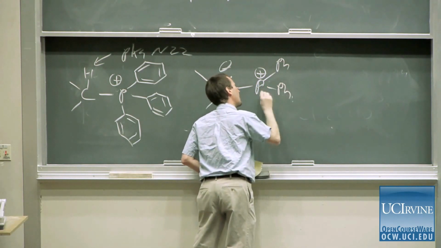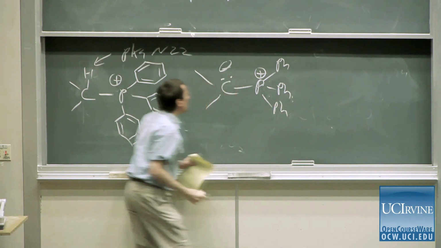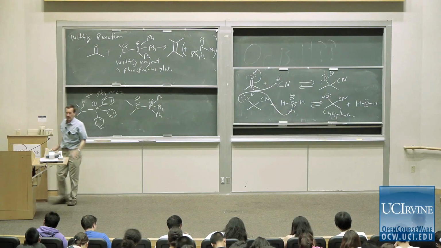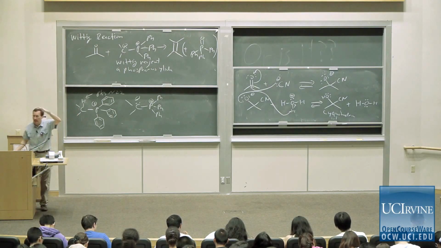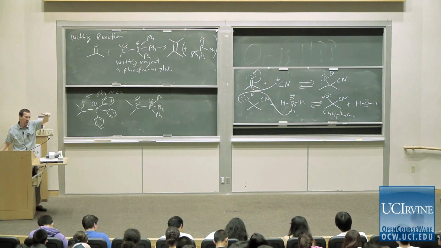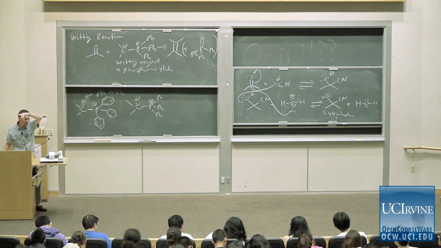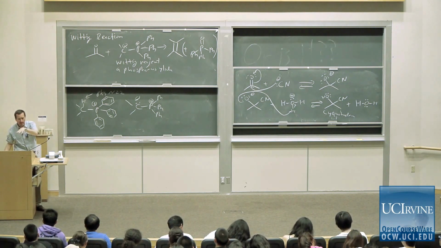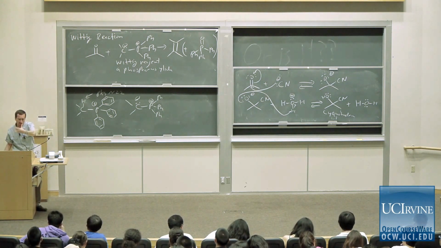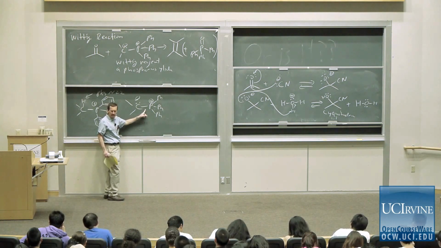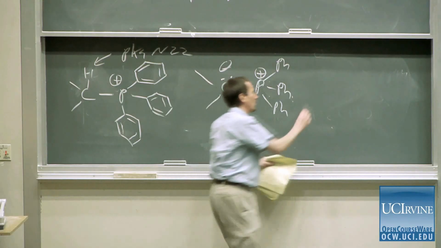Ph, Ph, Ph. The other thing that's specially stabilizing about phosphorus is its row of the periodic table. It's down a row from carbon and oxygen and nitrogen and fluorine. It's in the row of the periodic table where you can invoke d electrons, where you have d orbitals. And so we can write a resonance structure that has more than 8 electrons around the phosphorus.